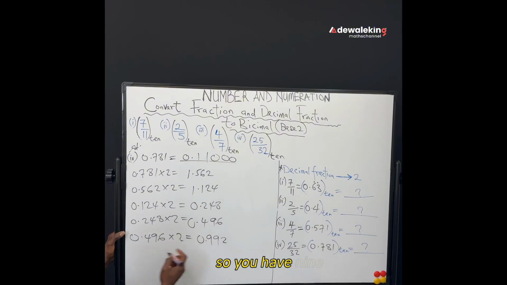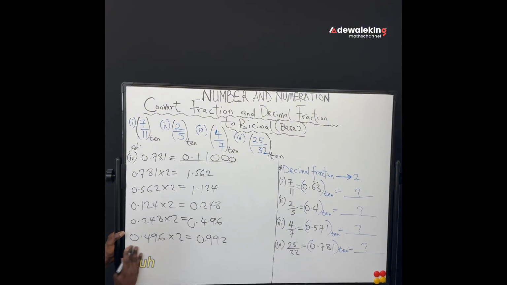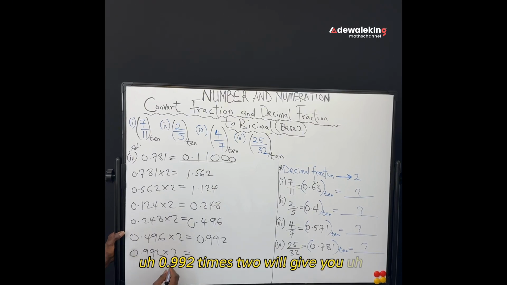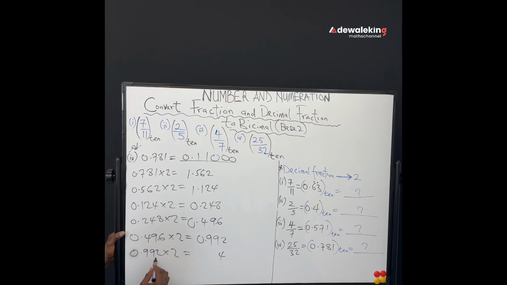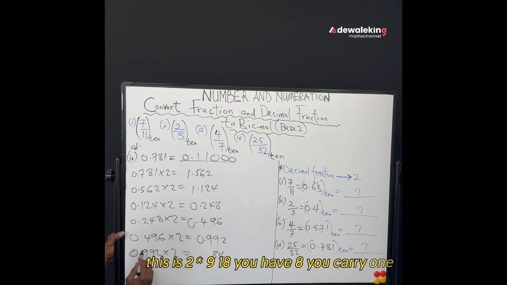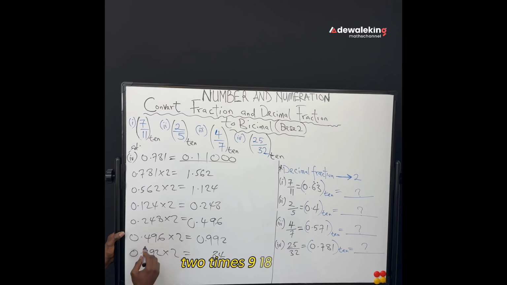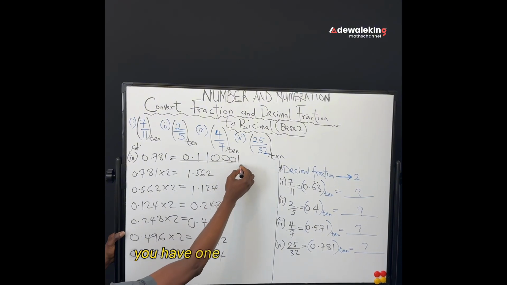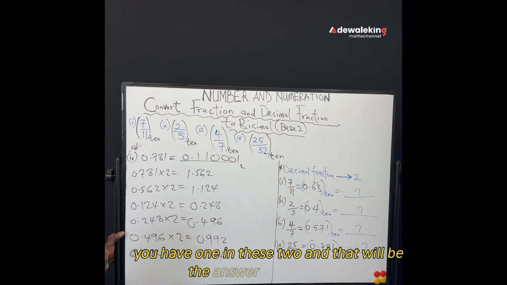So you have 0.992 times 2 will give you 4. This is 2 times 9, 18. You have 8, you carry 1. 2 times 9, 18, plus 1, that is 19. So 9, 1, you have 1 in base 2, and that will be the answer for the last question here.